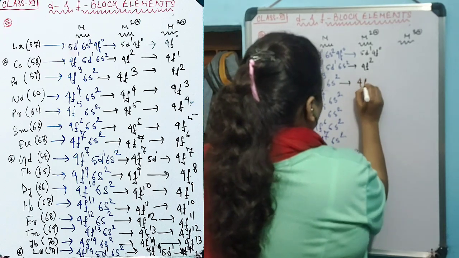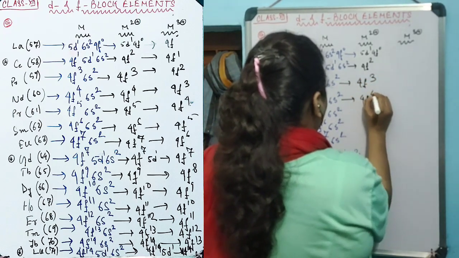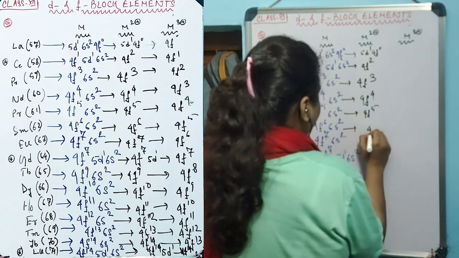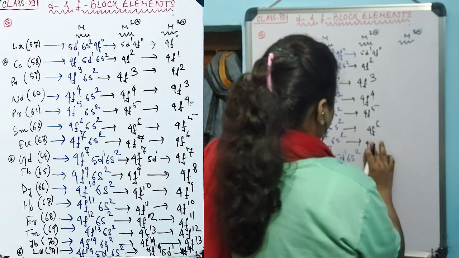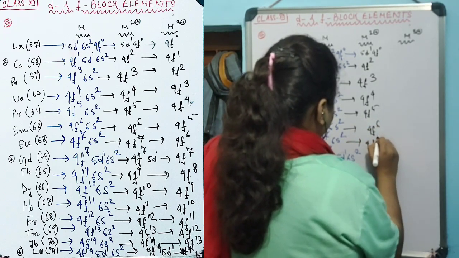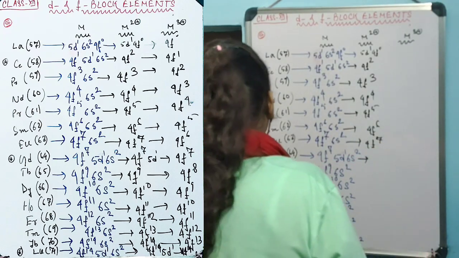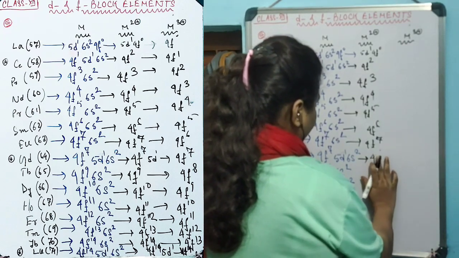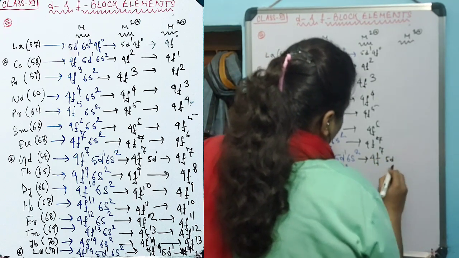For this one 4f3, this one 4f4, this one 4f5, this one 4f6, 4f7. For gadolinium, the electronic configuration is going to be retained as 4f7 for half-filled stability; it will not get rearranged.